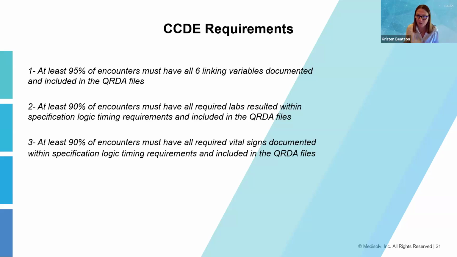So when you're looking at your patients, your goal should be to have all 6 of those linking variables for every encounter in the file. But we know things happen, and sometimes things are missing, or maybe there's a typo, and it can't be evaluated by CMS. You want to make sure you're staying in that 95% or higher range.